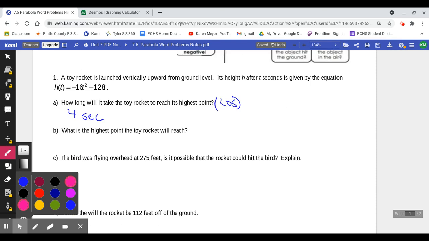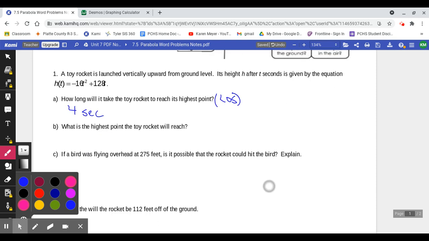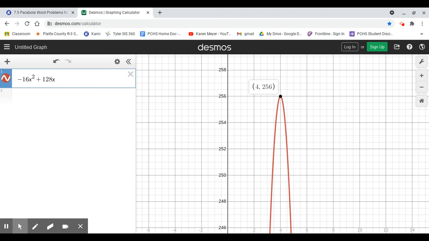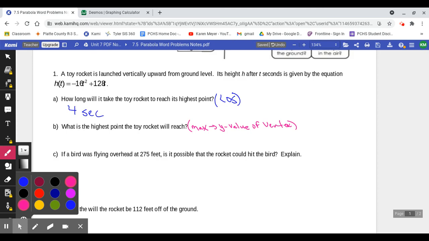Okay, so this is the max, which is the y value of the vertex. So if I go back to my picture, the y value is 256. And then label, doesn't really have a label here. So, oh, in part C, it does talk about feet. So we're going to say feet.